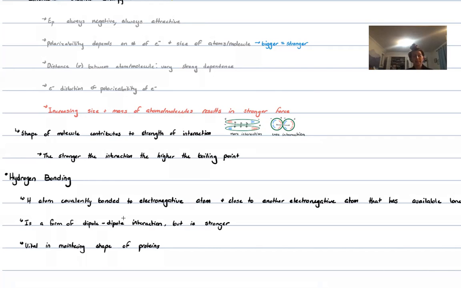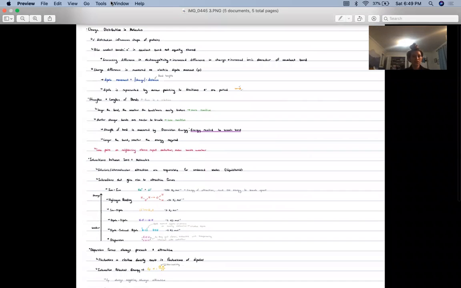And this is actually one of the most important ones because it's weirdly strong, and it's also very important for the shape and, again, your boiling points and melting points. So basically how your element is going to react to a change in its surroundings. And I think that covers all of the notes up to midterm 2.